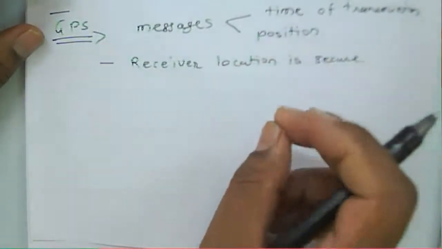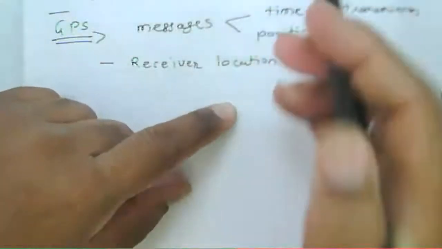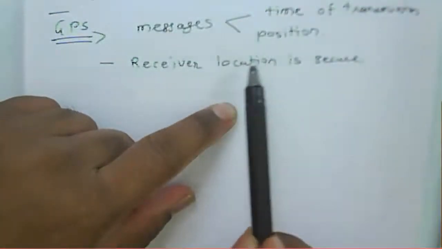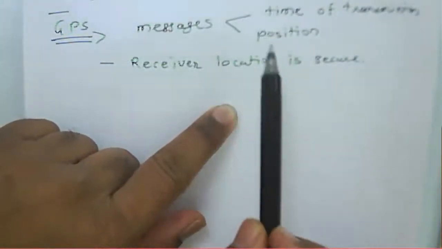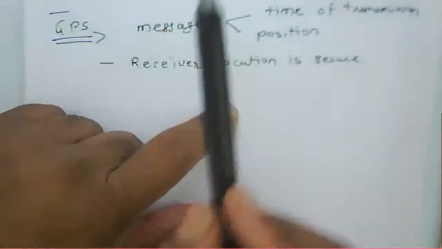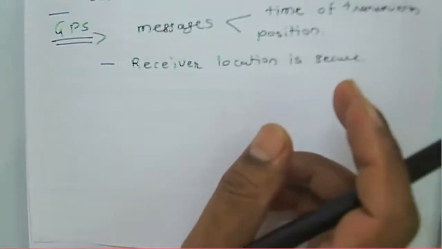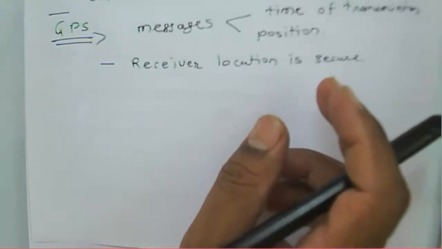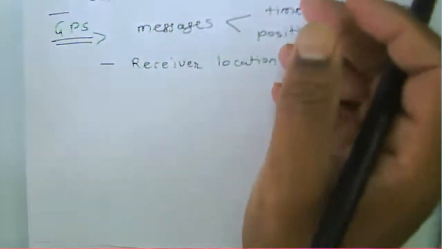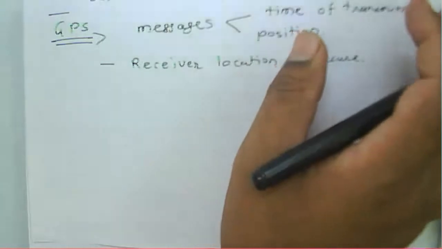In that case, whatever the receiver, that receiver has some minimum number of satellites visible from its location, and then it is able to obtain the position. What is the minimum number? We explained earlier, it is three satellites or four satellites.